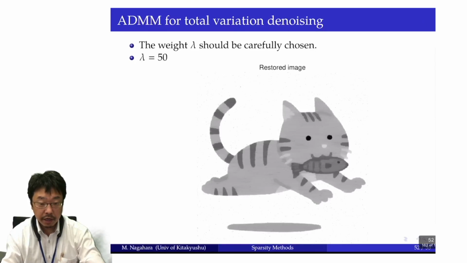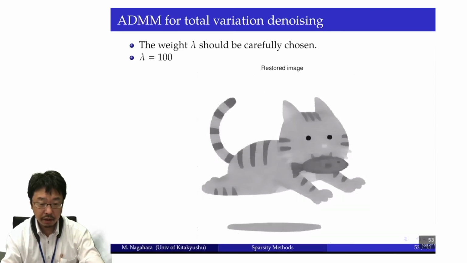In this application of image denoising, the weight lambda should be carefully chosen. When we choose lambda to be 50, the restored image is obtained as this. The noise is a bit removed.